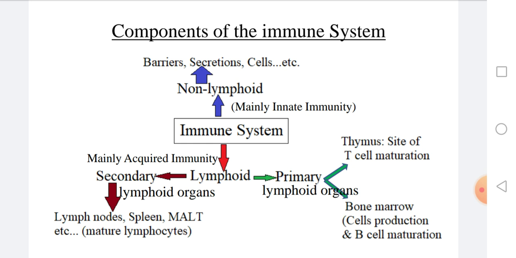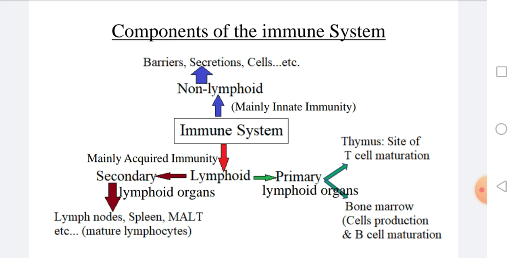We come to the lymphoid component. Here, the lymphocyte is the key cell in the lymphoid immune system. The lymphoid immune system is composed of primary lymphoid organs and secondary lymphoid organs.